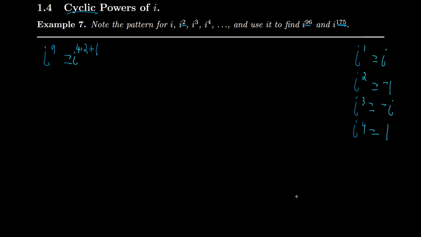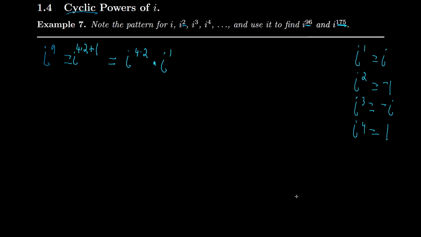Just using exponent laws is how that's useful. This is, by definition, then, just i to the 4 times 2 times i to the 1st. Remember, when you multiply like bases, you add exponents. So we can break apart this addition as a multiplication of their bases.